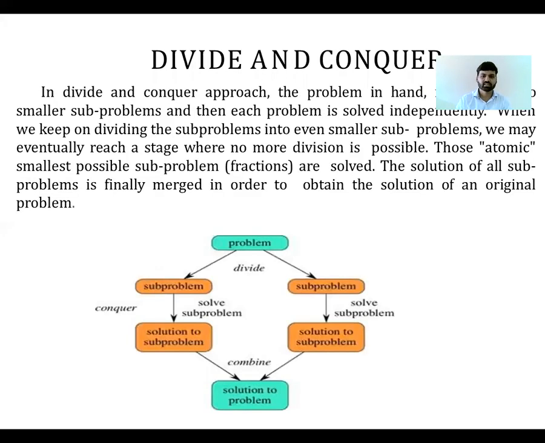In divide and conquer strategy, we divide our problem into sub problems. Then these sub problems are solved by using various algorithms suited to them. Then the solution is obtained for each sub problem, and the sub problem solutions are merged.